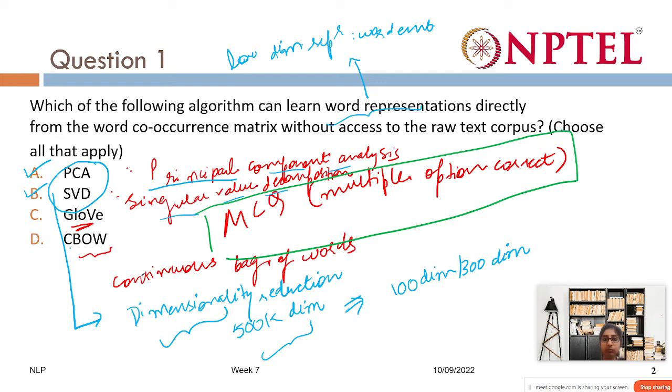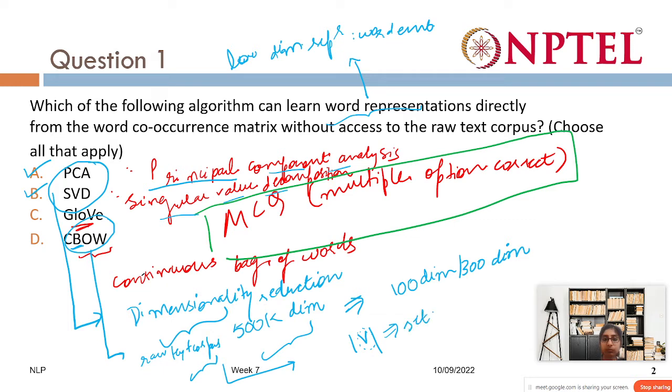What about continuous bag of words? Here, as we have seen in the lectures, it does require a raw text corpus to learn from the data. Why does it require it? Because it needs the size of the vocabulary, that is V, right? What is vocabulary? Please unmute and tell. A set of all the words.